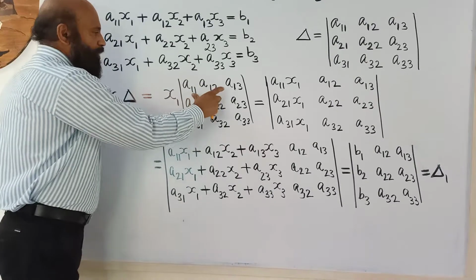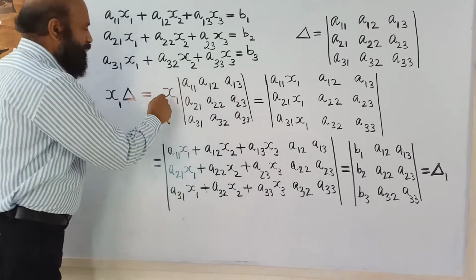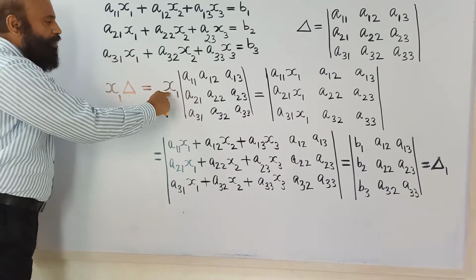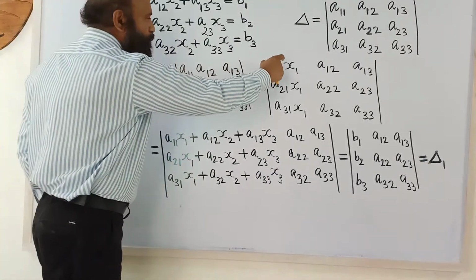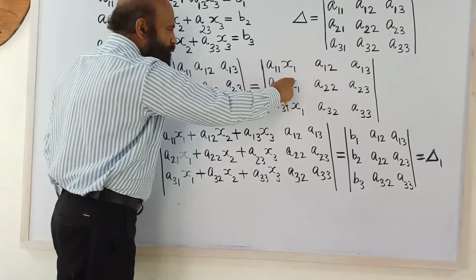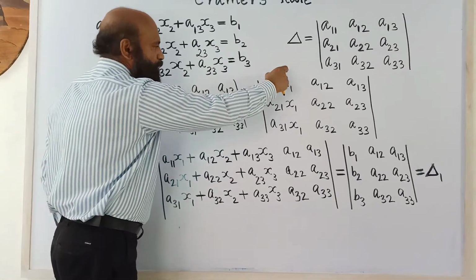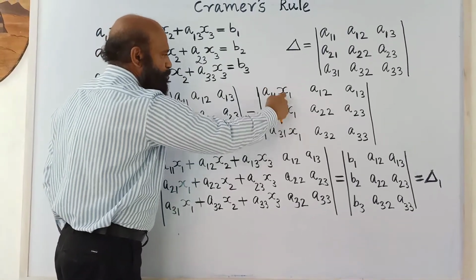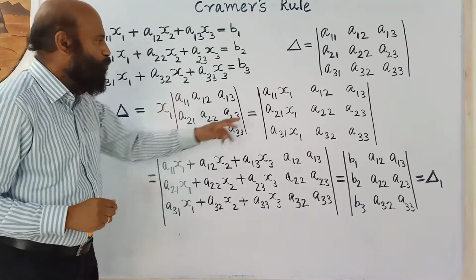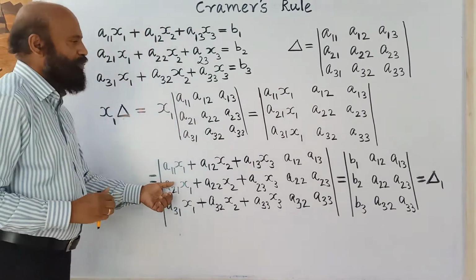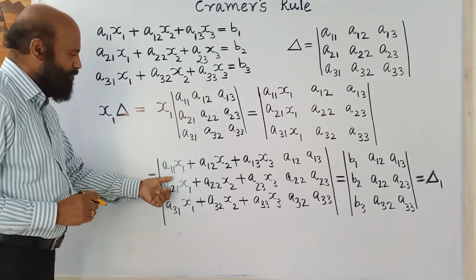When you multiply a determinant by a number, it is enough if you multiply the elements of one column. So now it is multiplied. The first column is multiplied by x1. Now again we are using another property of the determinant.